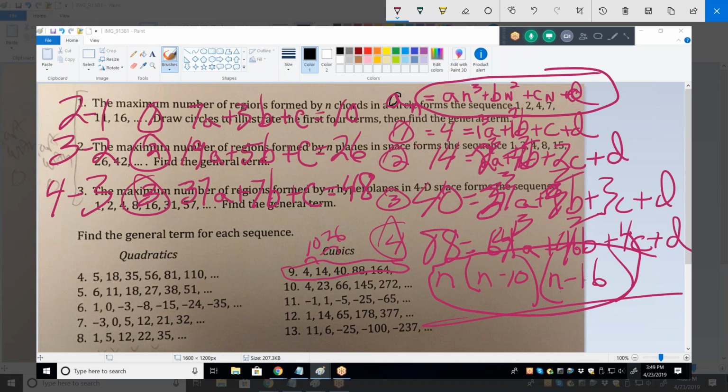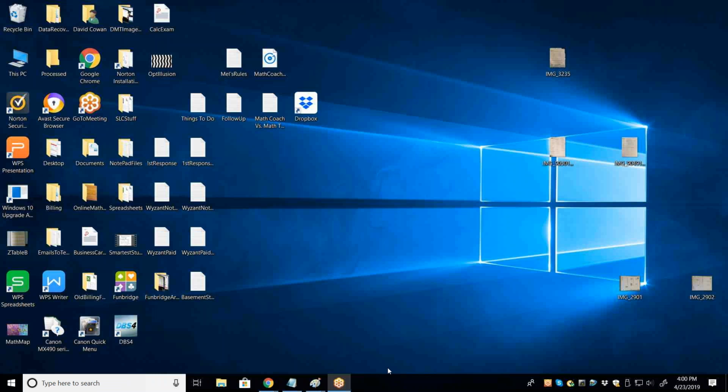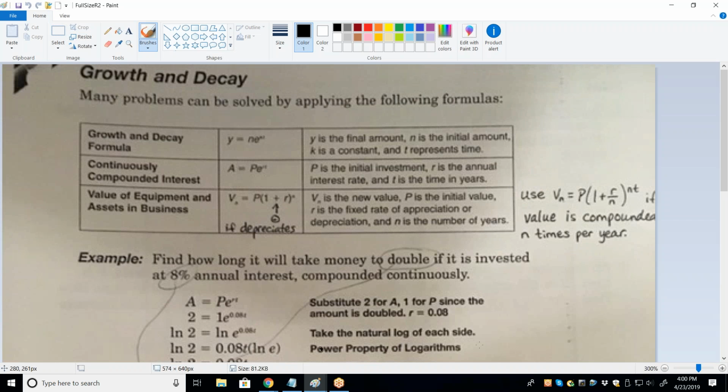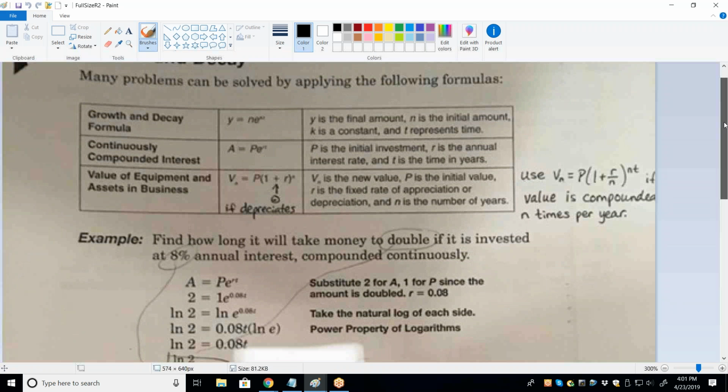Sure. We can come up with the general term. It's just an unbelievably tedious and long method. And I'm thinking there must be a shortcut somehow. But I don't know. This stuff here is fairly easy for me.